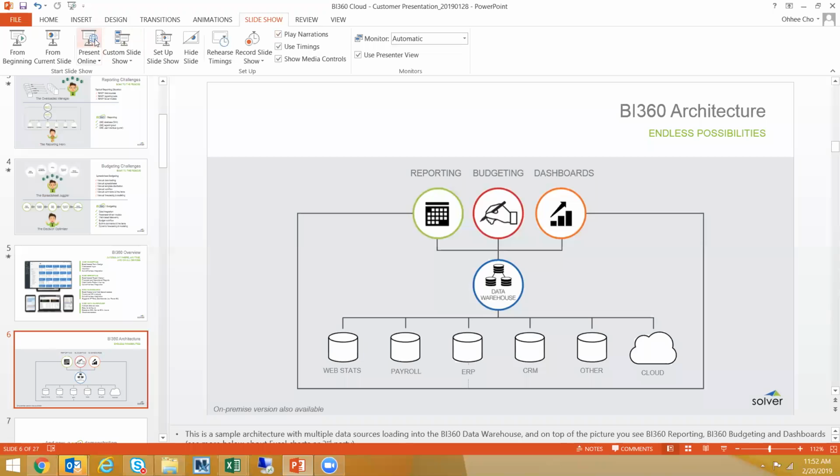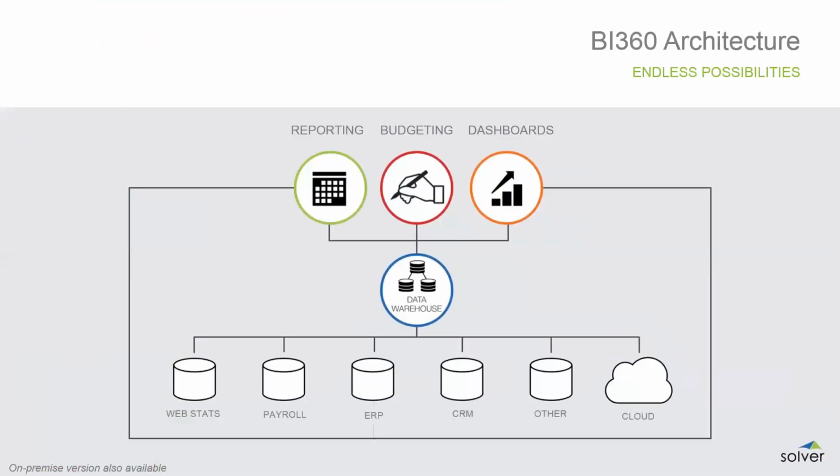I showed you some examples of reports and how easy it is for users to go in and slice and dice. The convenient thing about the portal is that users truly can access reports anywhere, anytime they want. So they no longer have to bug the accounting and finance team and be like, hey, can you email this report for me? You can enable them, give them a license so that they can log in on their own to get the information that they need.